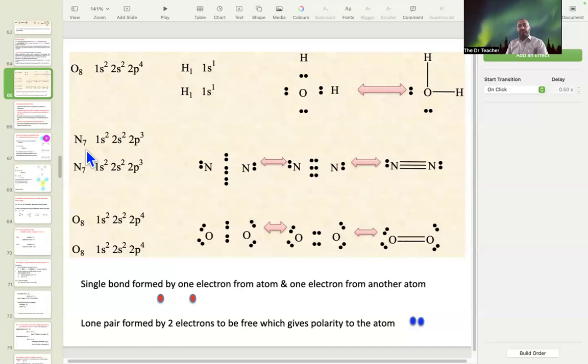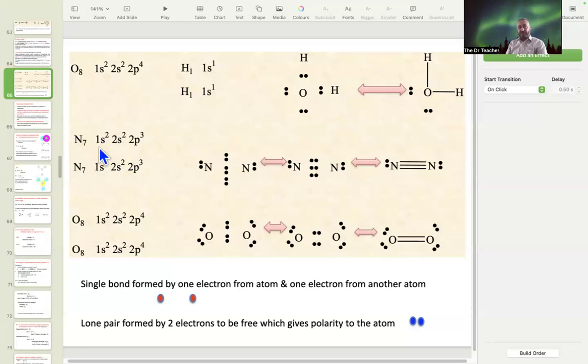Now we come to nitrogen to see what the bonding between nitrogen atoms is. Nitrogen has 7 electrons, and the other one 7, 1s2, 2s2, 2p3, similar. The last main shell is number 2, and it has 2 and 3, which is 5. 5 for this nitrogen, 5 for the other nitrogen.